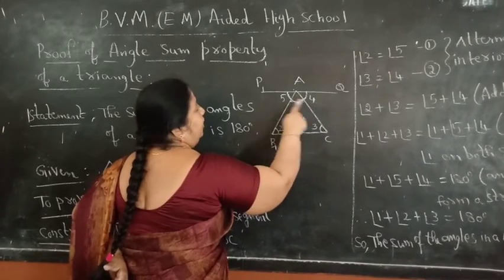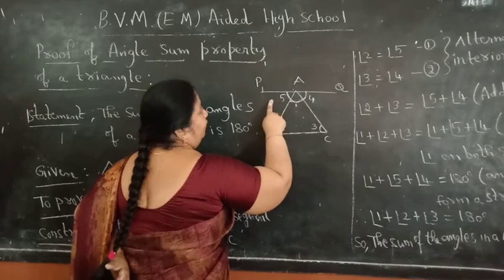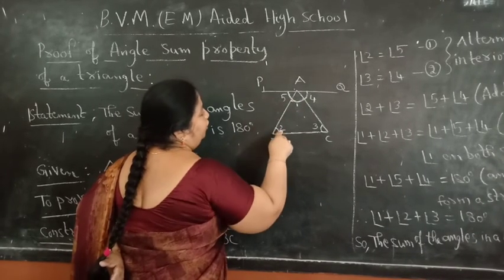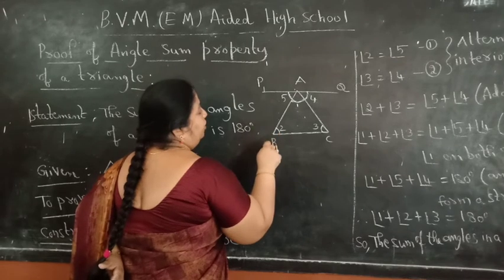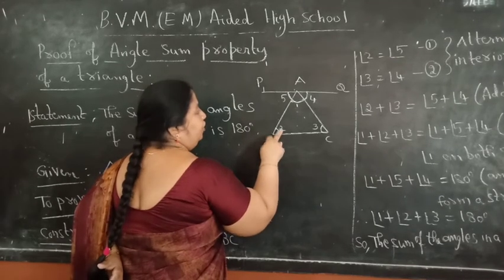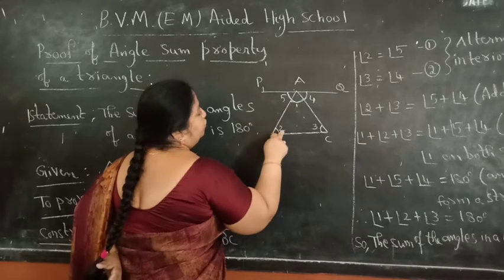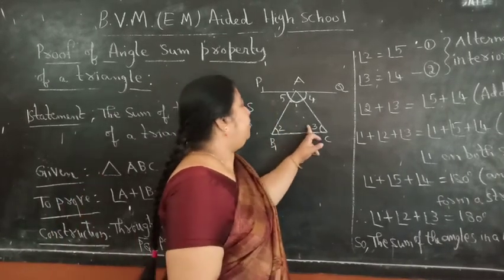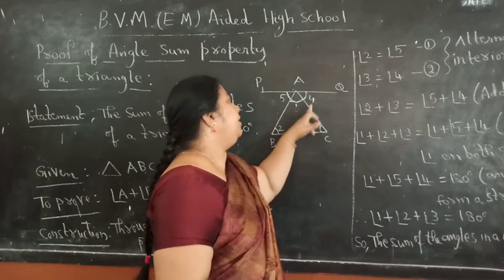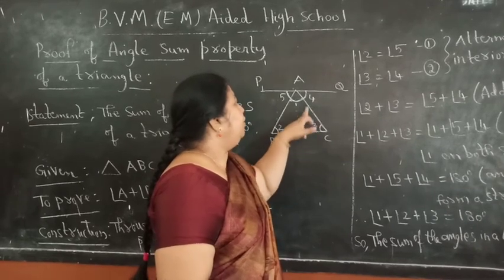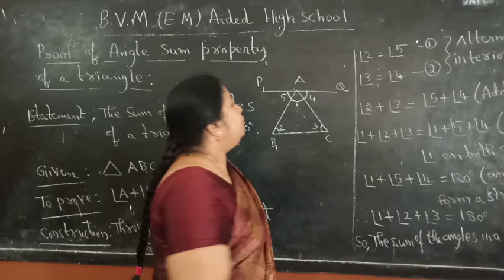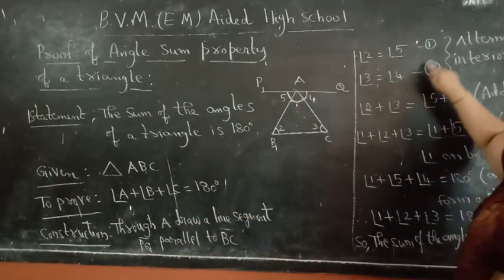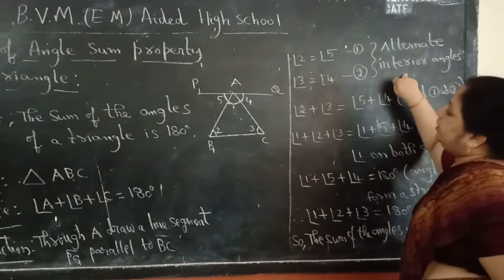Here another two angles are formed, 4 and 5. Angle 2 and angle 5 are alternate interior angles. Already learned, alternate interior angles are equal. So angle 2 equal to angle 5. Next pair of alternate interior angles are 3 and 4. Angle 3 equal to angle 4.